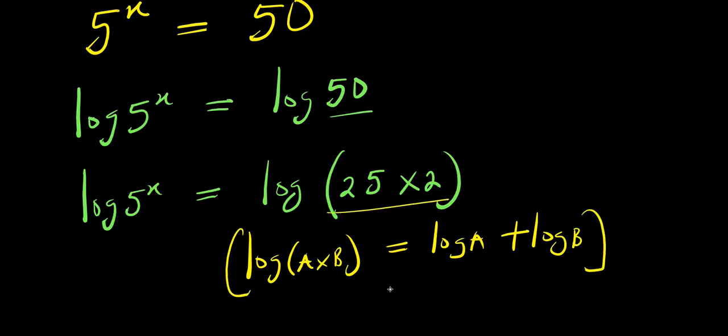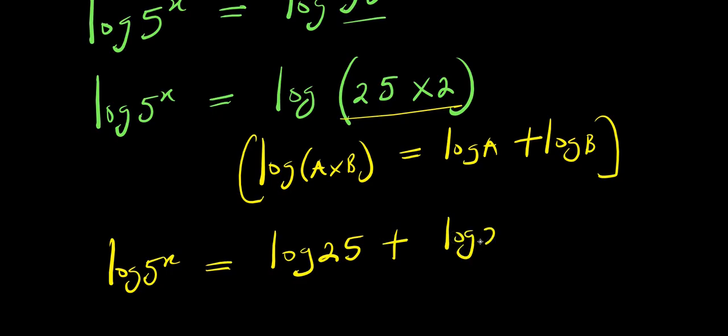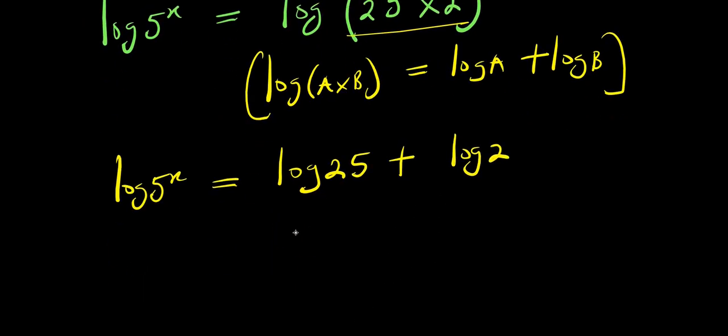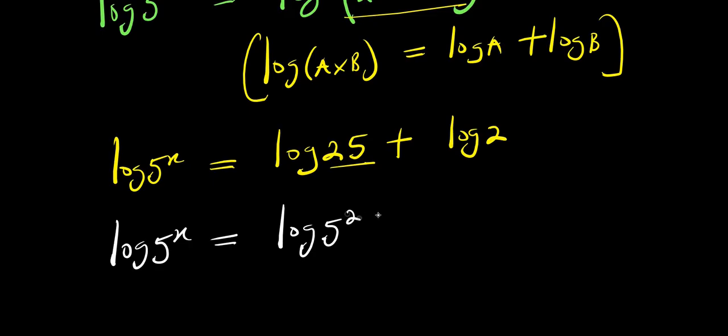So applying that here, I will have log 5^x equals log 25 plus log 2. And from here, I can express 25 as 5^2, which is 5 times 5. I have log 5^x equals log 5^2 plus log 2.